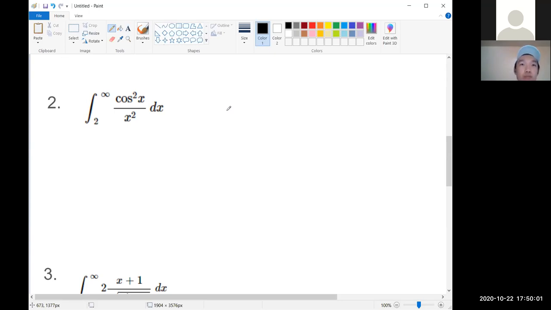I mean, you could, but keep in mind that we want to compare it to another integral that we already know whether or not it converges or diverges. So most of the time, it's going to be in the form 1 over x to some power. That should give you a hint as to what the best option is.